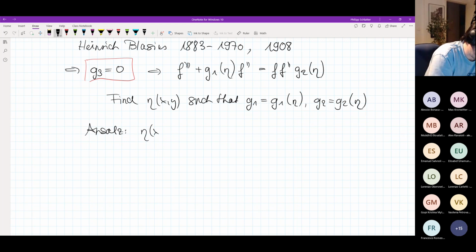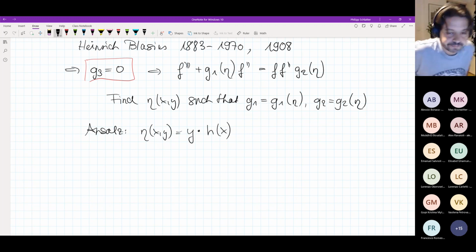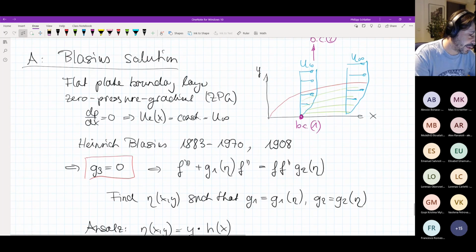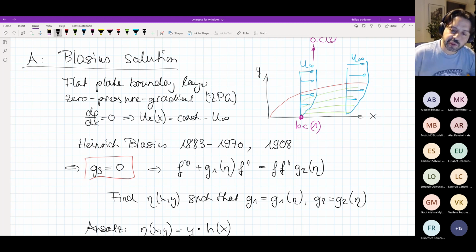We say that this eta of x and y could be decomposed in a term y times some unknown function of x. Now, why would I like to do that? Why could this be a good ansatz? Let's not think about the mathematics behind it, let's just think about the physics behind it. As I was saying, when we look at these profiles, we would like to be able to scale the profile in the vertical direction.